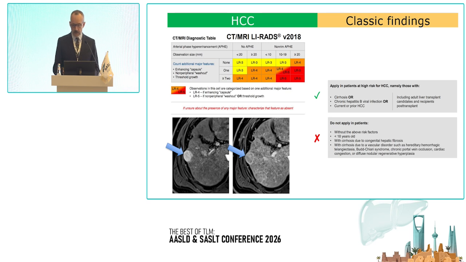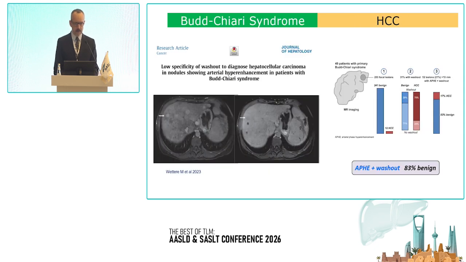But be careful, because it's very clear, and still I see reports and I see papers that report their cases as LI-RADS 4, LI-RADS 5. That's wrong. Because LI-RADS does not apply in cases of cirrhosis due to vascular disorders, irrespective of whether it is Budd-Chiari, congestive liver from Fontan, or any other lesion. So LI-RADS does not apply in these patients.